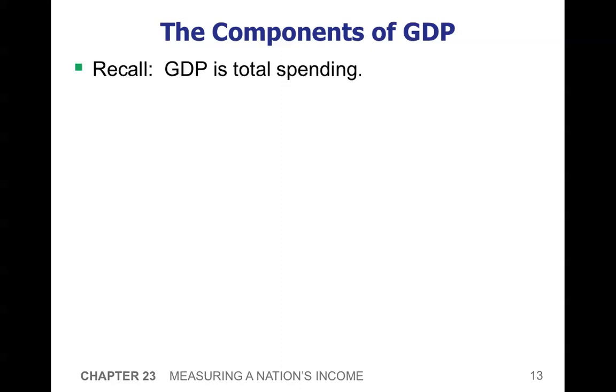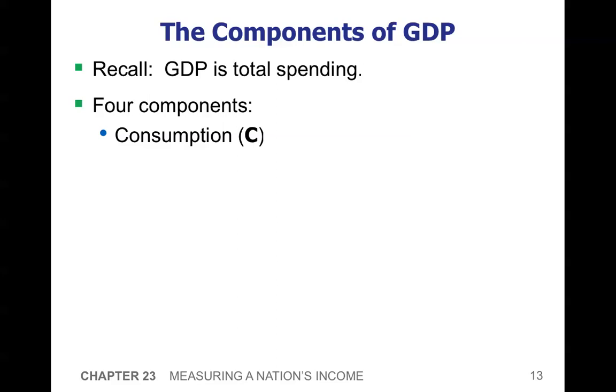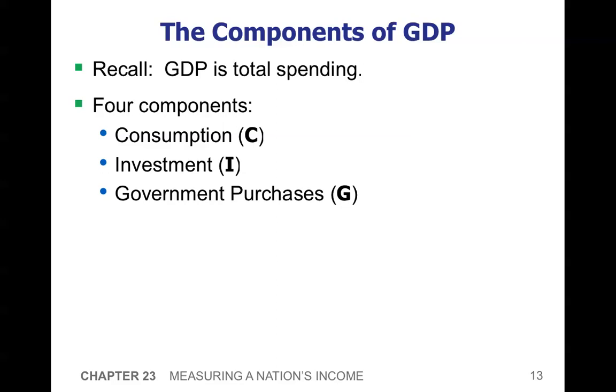So, recall that GDP is total spending. We're going to be using something known as the expenditure approach, and there are four components. Number one is consumption. Number two, investment. Number three, government purchases. Number four, net exports.